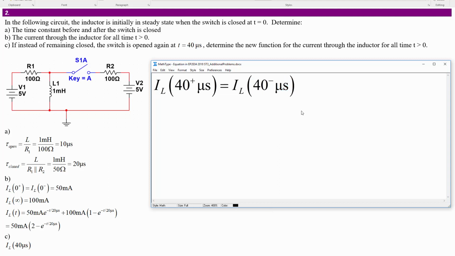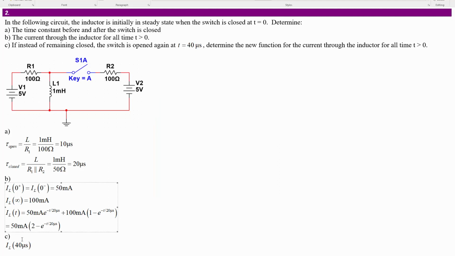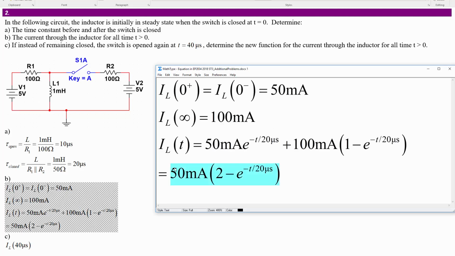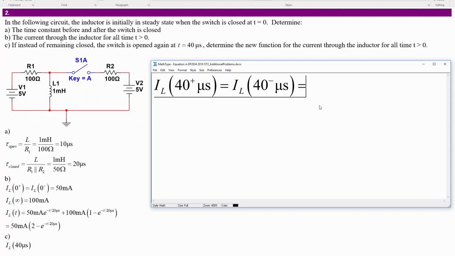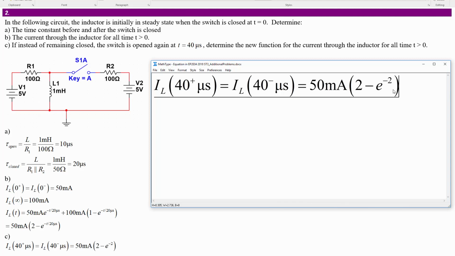And so that'll be the same as the one we just found here after we substitute in 40 microseconds. So that'll end up with a negative 2 up there. Great. So there's the current right before we reopen the switch.